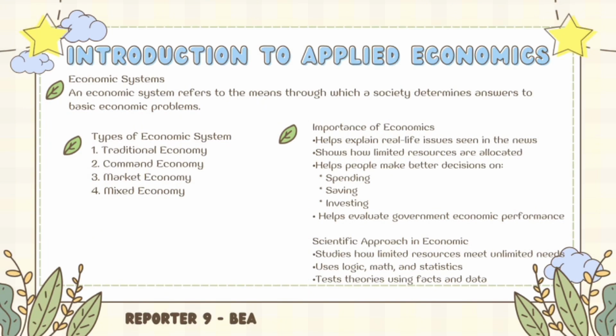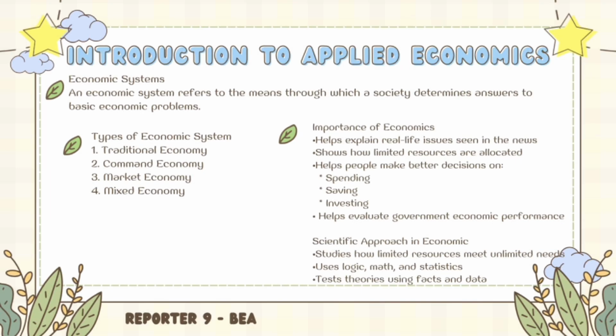Third, market economy. A market economy is an economic system where economic decisions are made by the consumer and producer, not the government. So, in a market economy, supply and demand determine what goods are produced and how much.